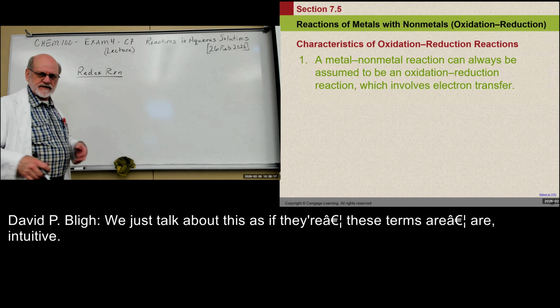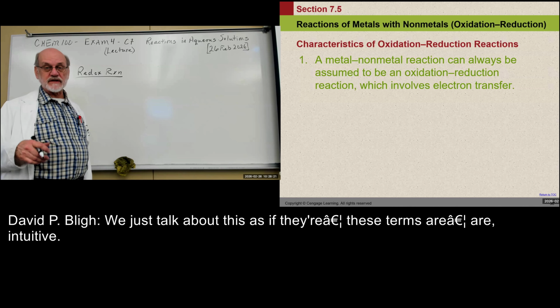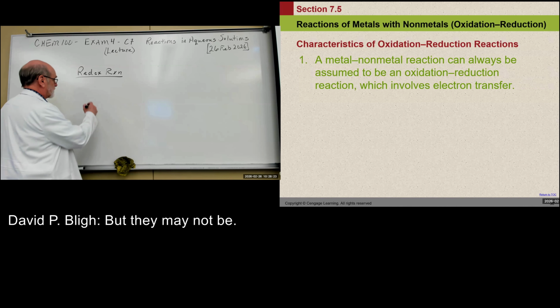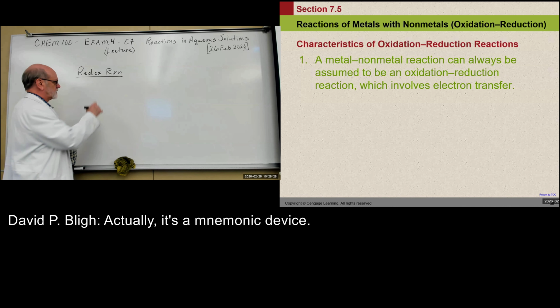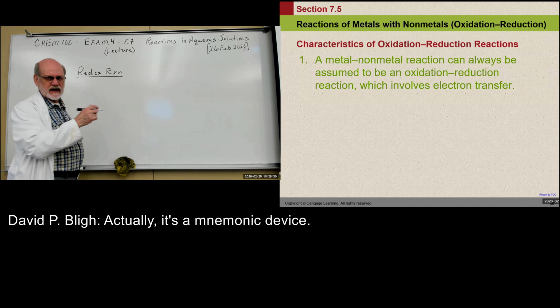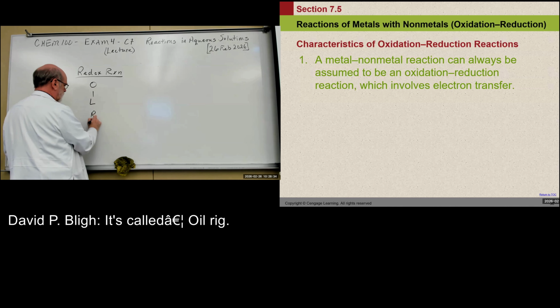We just talk about this as if these terms are intuitive, but they may not be. So I use this acronym. Actually, it's a mnemonic device. It's called OIL RIG.